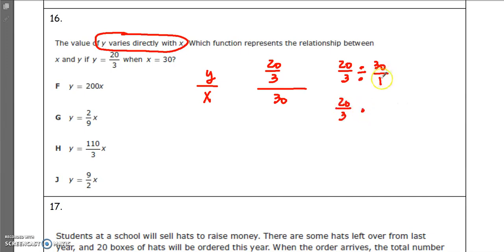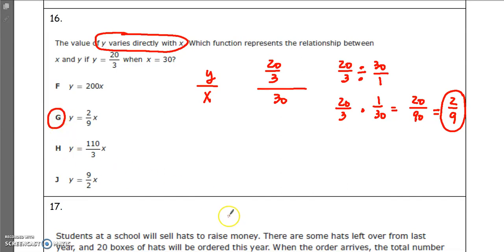So now I'm going to flip the second fraction over, and then I'm going to multiply. So 20 times 1 is 20. 3 times 30 is 90. I can simplify this by 10, so that's just going to give me 2 over 9. So I'm looking for something that has 2 over 9 in it. And if I look, I can see that G is going to give me that correct answer.